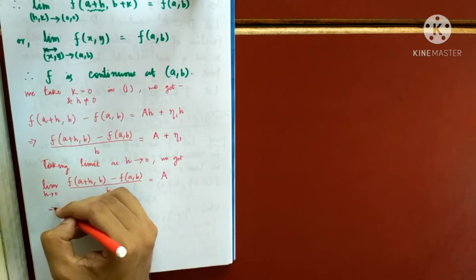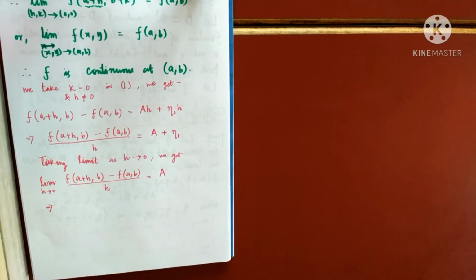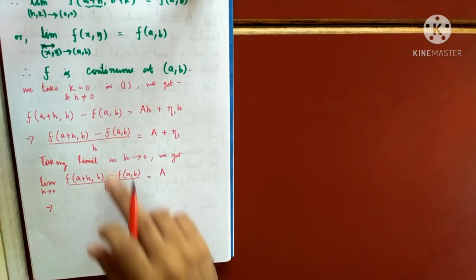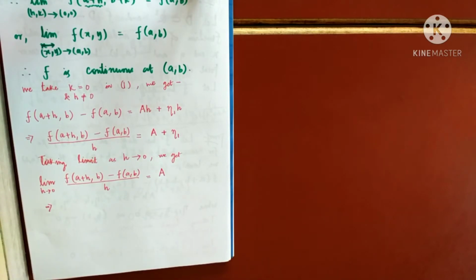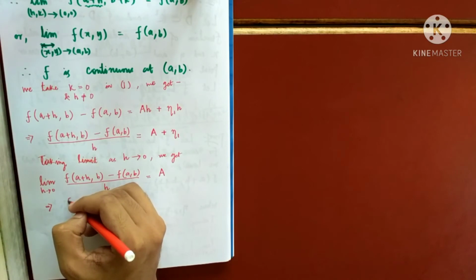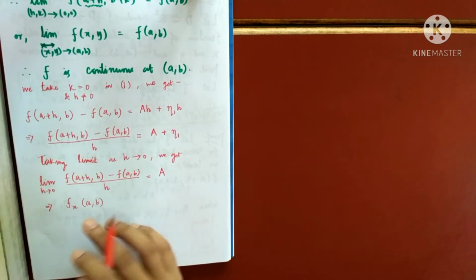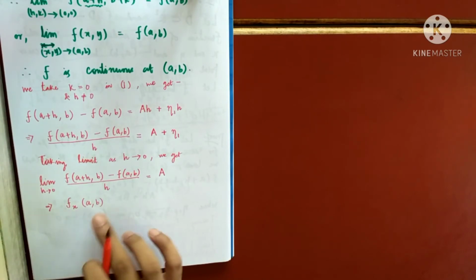What is the left hand side? We forgot the subscript, by the way. So this is the partial derivative of f with respect to x at the point a comma b.